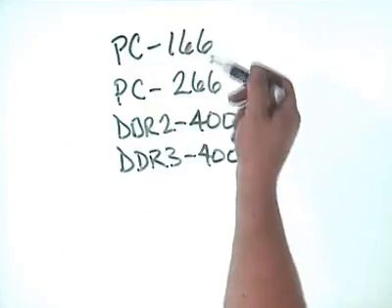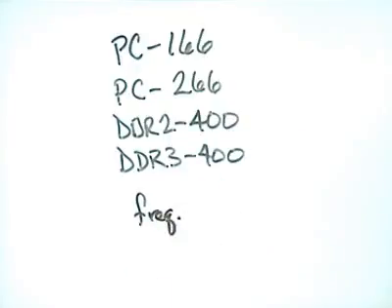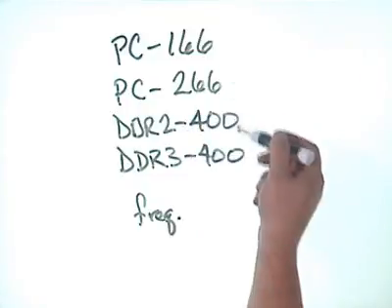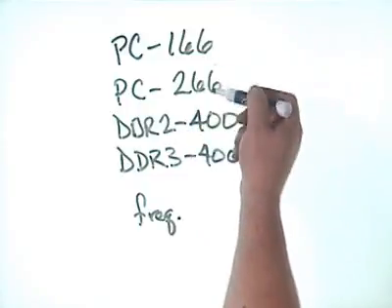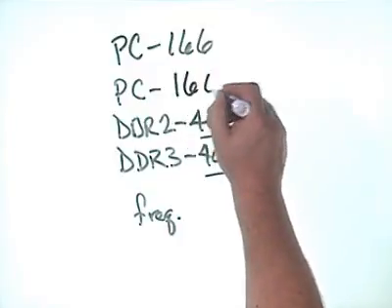Well, in this case, all of these designations are identifying the frequency of the system bus. So a straight number comparison would tell me that DDR2 and DDR3 are equivalent in speed, and both are faster than these two designations. And let's say my second memory module has a PC rating of PC1600.